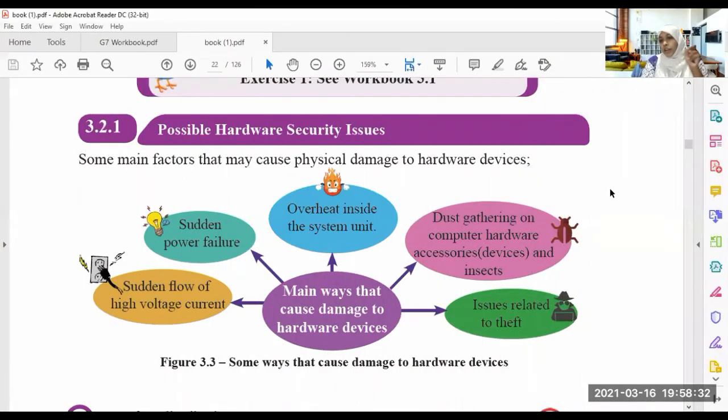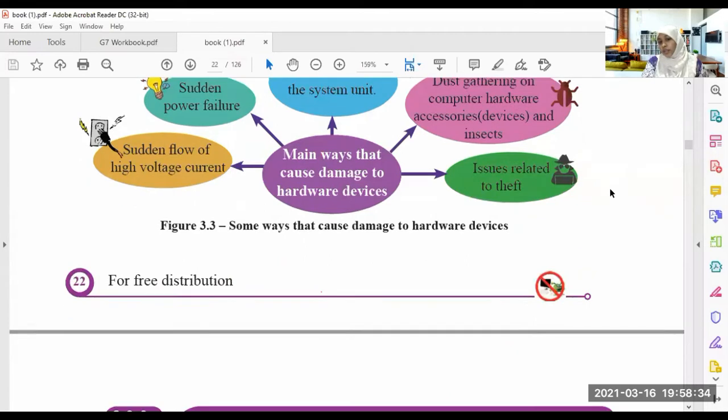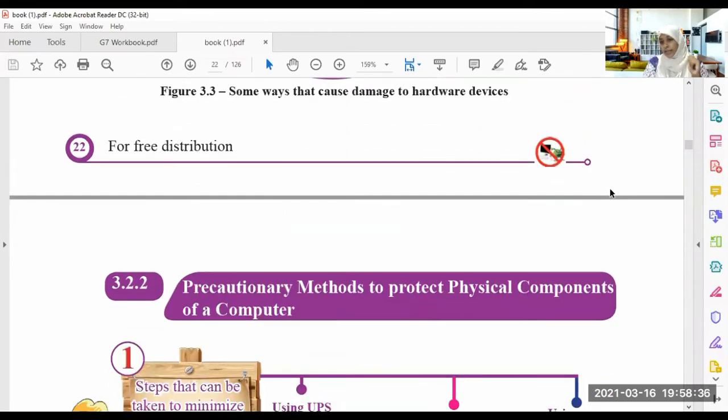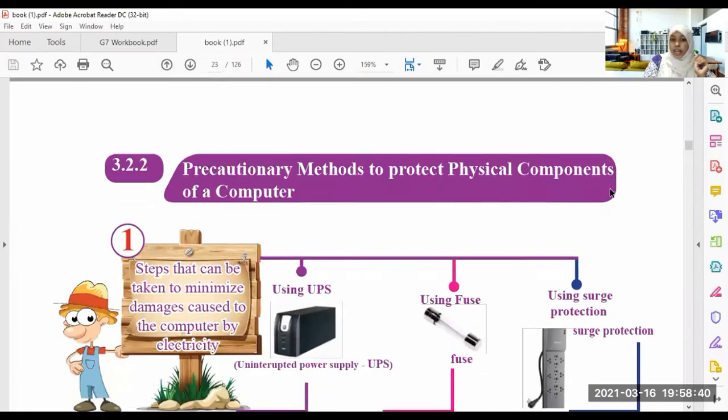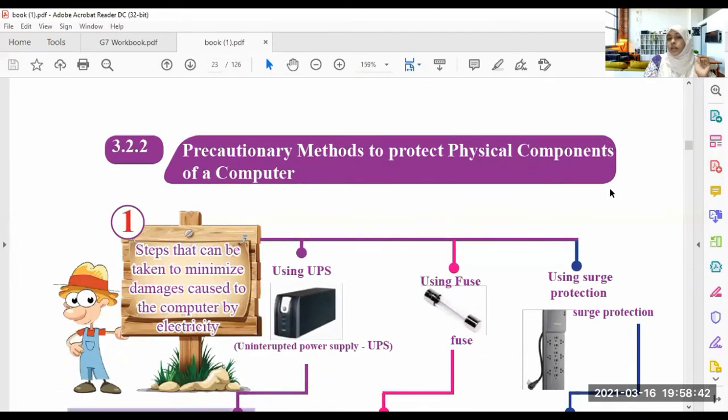So to prevent all these issues, there are some ways or methods. Next one, precautionary methods to protect physical components of a computer. How to protect our physical components of a computer? What are the methods?